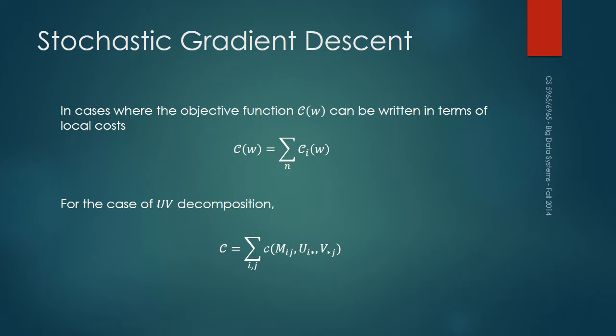Think of it as a training sample. It's a piece of information that I have that is coupled to a row and a column of U and V. But let's look at it the other way around, which is that given an entry of matrix M, can I update the row and the column of U and V that depend on this? Okay? So you're looking at it the other way.